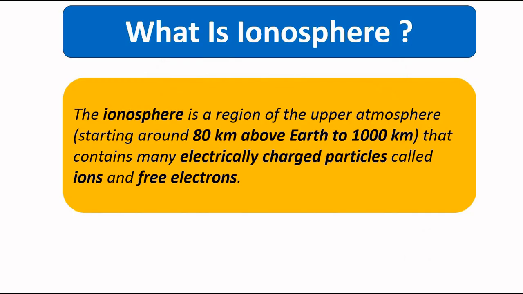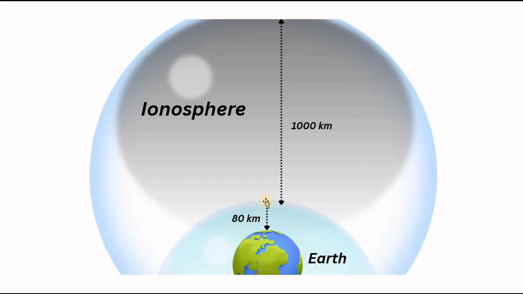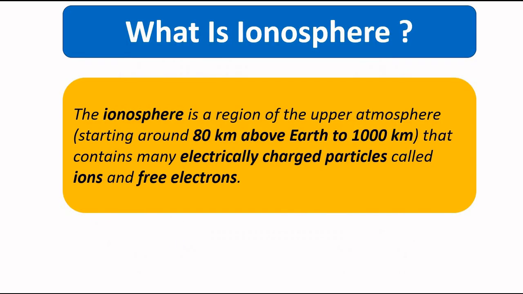ionosphere. Okay, so ionosphere is basically a region in the upper atmosphere which extends from 80 kilometers above the surface of the earth to about 1000 kilometers. This entire spherical region is called the ionosphere.